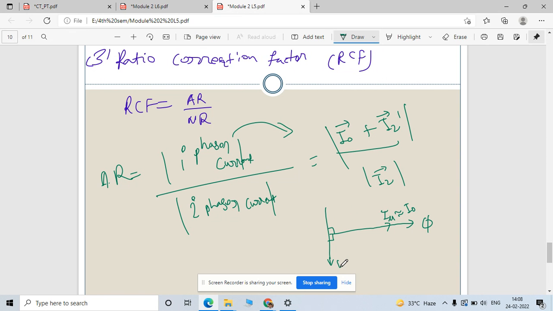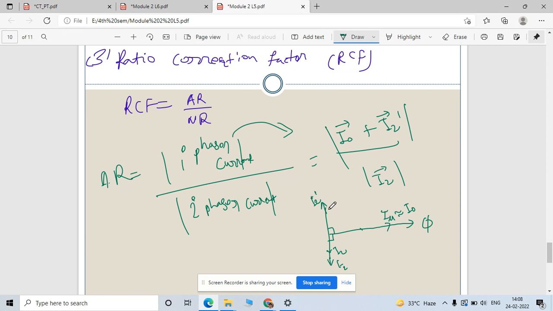So in this is your E2 and this is your I2, and for I2 reflection we refer to the primary side. So you need to add this I2 and I naught component. So I naught component कहाँ पे होगा, यहाँ पे होगा.